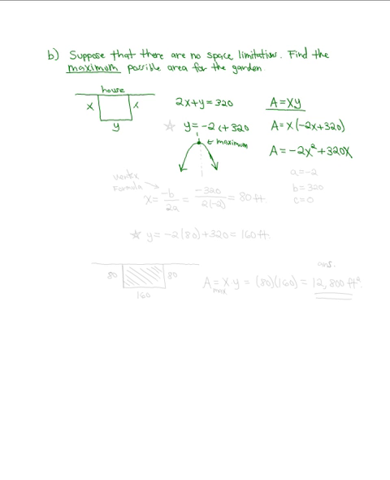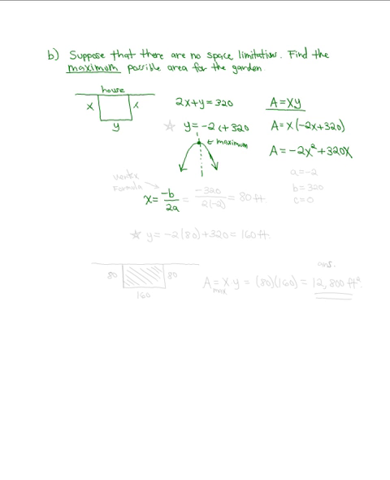So we use the vertex formula in order to find the maximum point, the highest point of the parabola, since it opens downward. So we say x is equal to negative b divided by 2a.